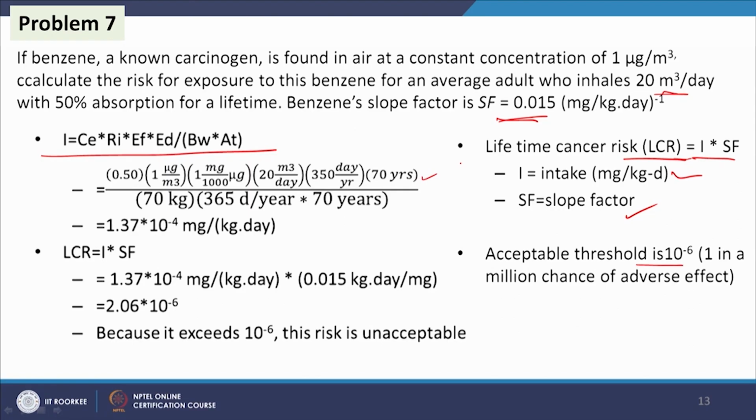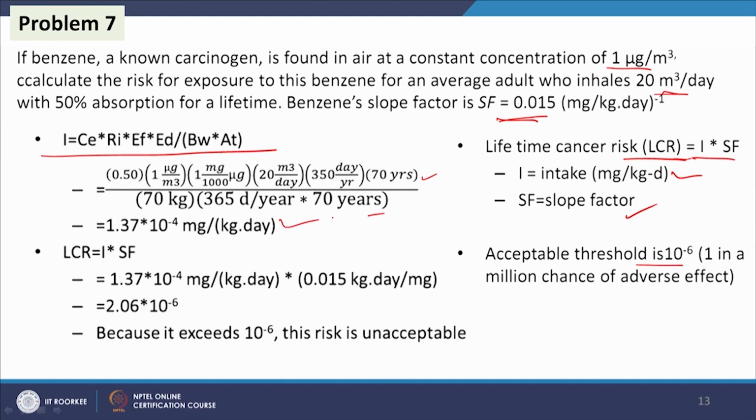So, 70 kg in 365 days per year into 70 years. Why this? Because 1 microgram, if we want to convert it into mg, will be divided by 1000, with 50% absorption for a lifetime. Then divided by this, we are getting this in mg per kg per day.